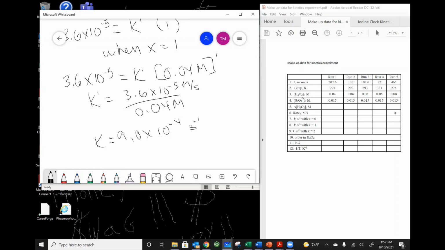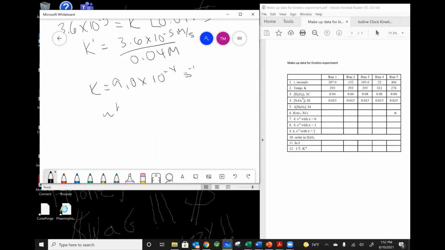Okay, so now what about when X is equal to 2? Again, 3.6 times 10 to the minus 5 is the rate for run 1, equals K prime times 0.04 squared. So first, let's square 0.04.